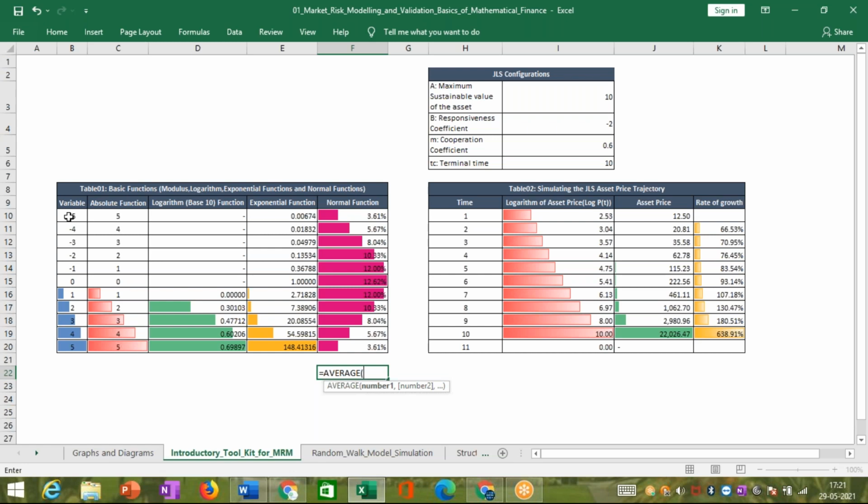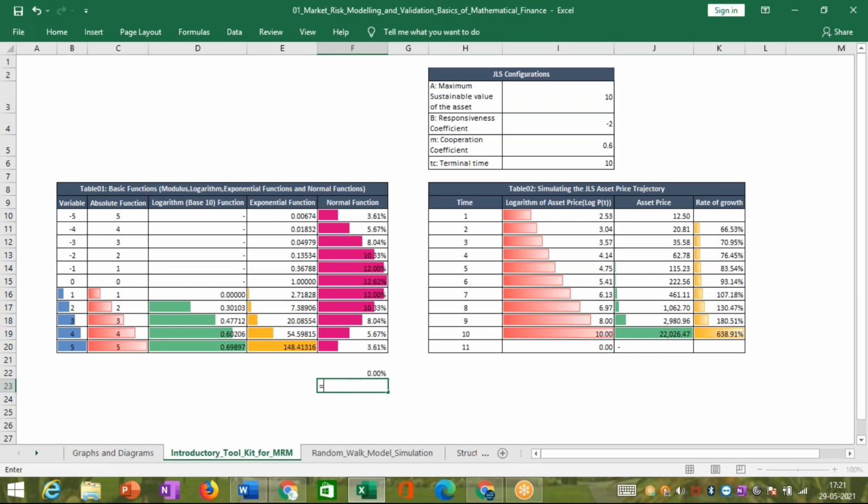Sorry, this is the sum product over here, which is the mean. The mean is 0.